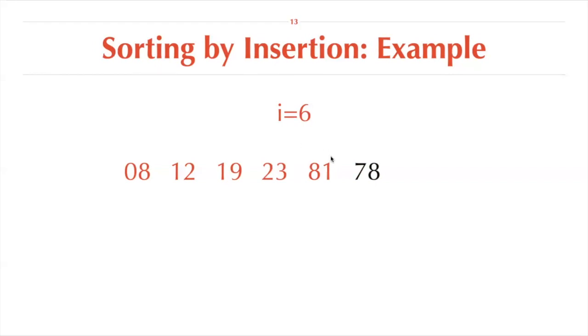As it is greater than 23, it will not be swapped further, because we know the array is sorted. So now the 78 will be at I equal to 5 only. So this is the last swapping. So now we got the arrays sorted. So now we got 8, 12, 19, 23, 78, 81.